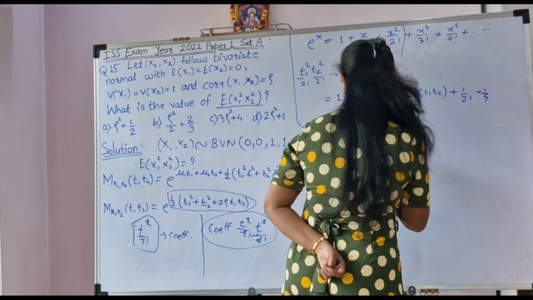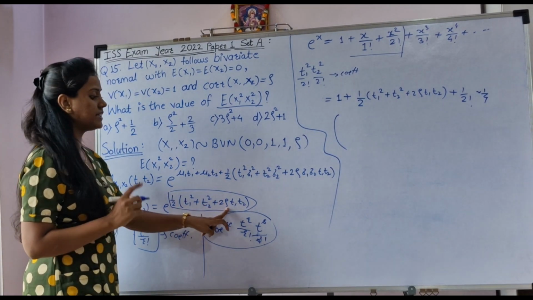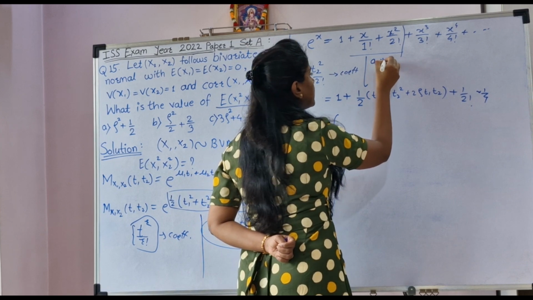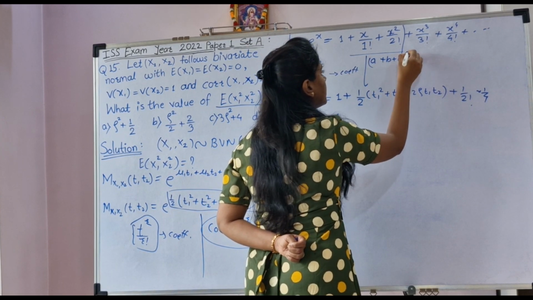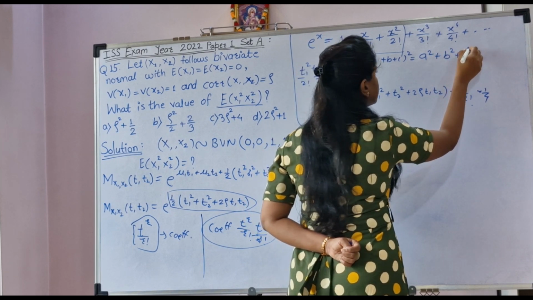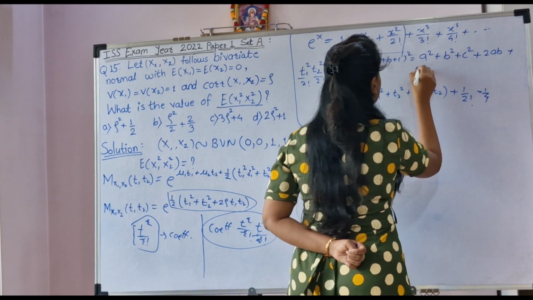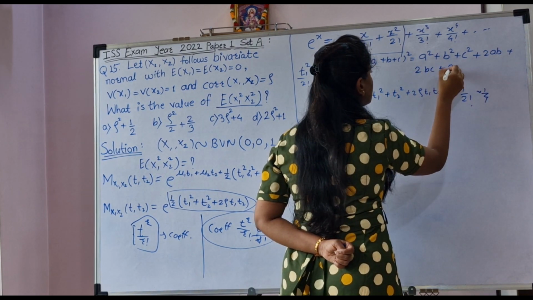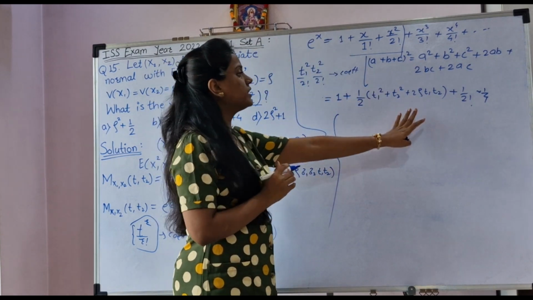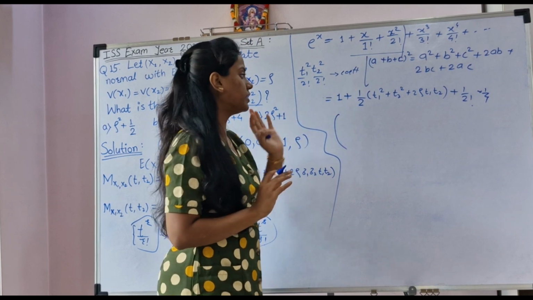Now what we need here is a plus b plus c, whole square. The formula of a plus b plus c square is a square plus b square plus c square plus twice ab plus twice bc plus twice ac, right? Using this we will expand and find our x square term.